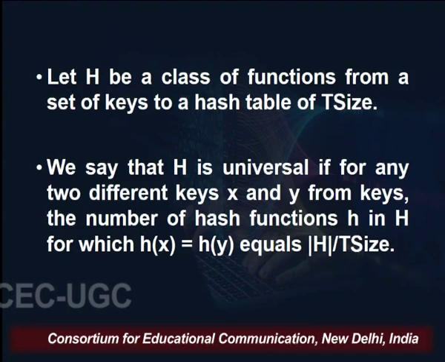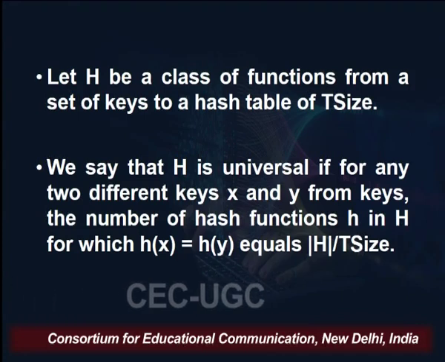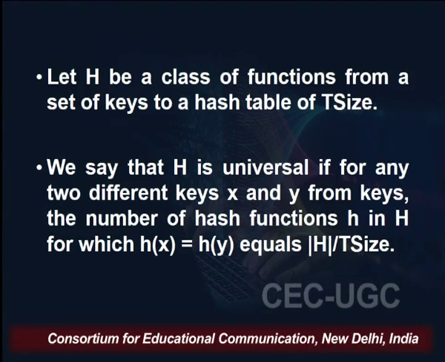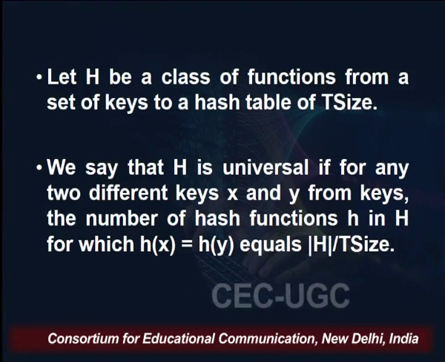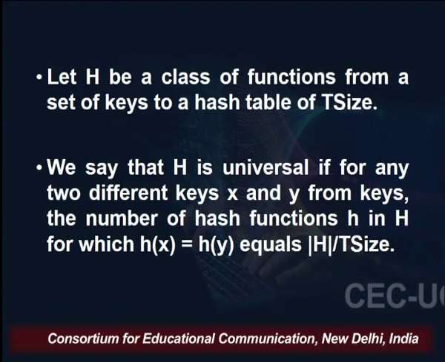And then when we calculate the hash code or hash value for these two different keys, x and y, h of x equals h of y happens for at most the size of H divided by T size of the functions.